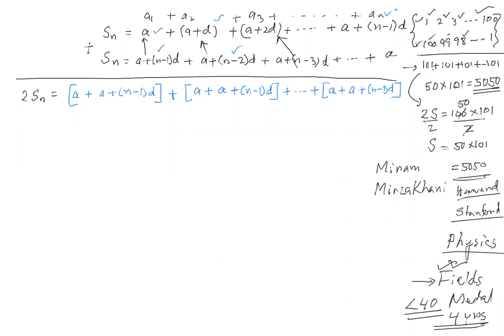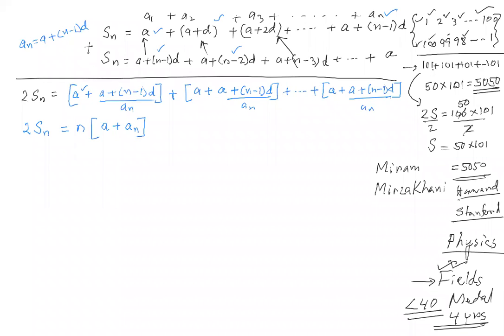So 2 S sub n is equal to n times A plus n minus 1 D. A plus n minus 1 times D is actually nothing but the first term A plus A sub n. Remember, A sub n is equal to A plus n minus 1 times D. So this is nothing but A sub n, and this becomes A plus A sub n.